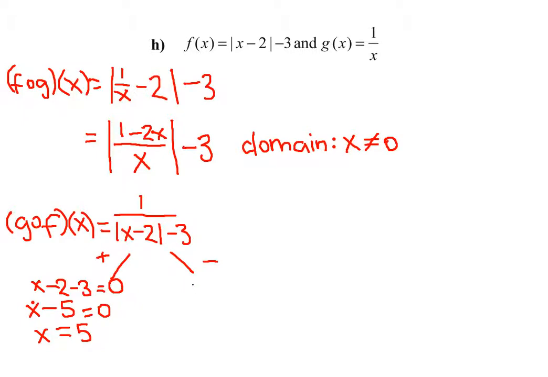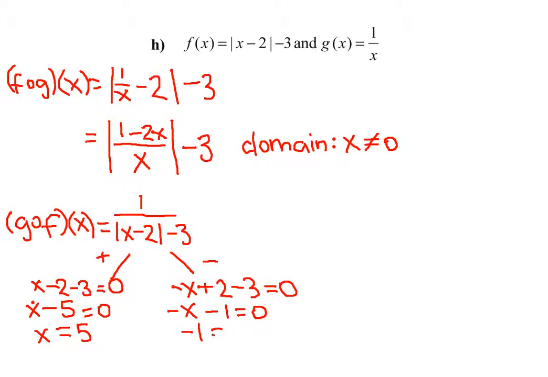So we change the sign of everything inside the absolute value. So it becomes negative x plus 2 minus 3 equals 0. So that is negative x minus 1 equals 0. And if we move the x over, it becomes positive x.